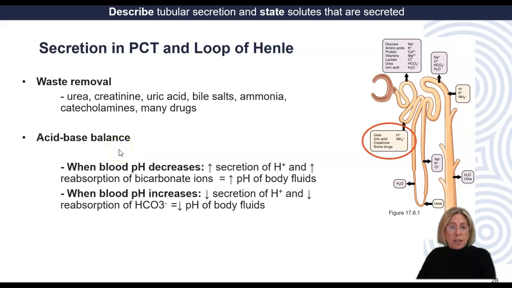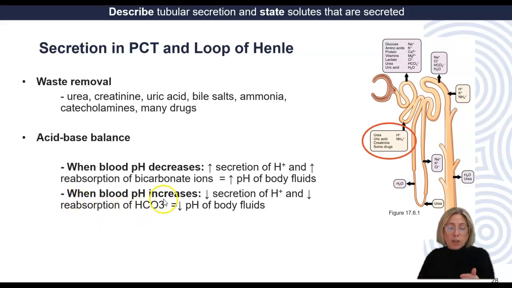Acid-base balance is really important. The pH of the blood must be tightly regulated. So when pH decreases, as the blood pH starts to get more acidic, there's going to be increased secretion of hydrogen ions and also increased reabsorption of bicarbonate anions to buffer the pH of the blood. And overall, that will lead to an increase in the pH of the blood plasma.